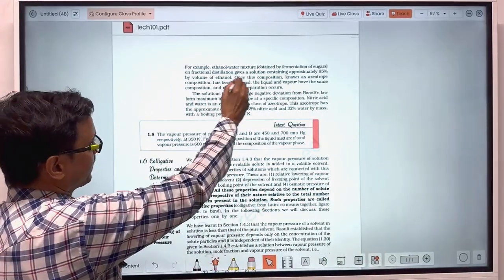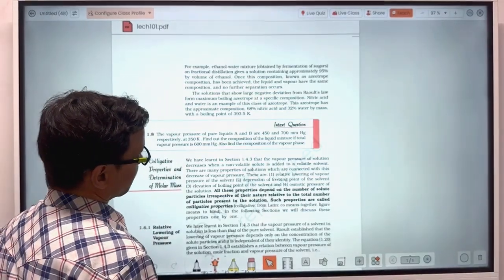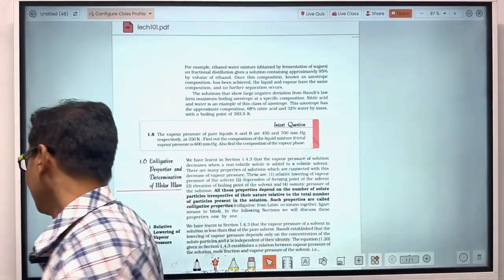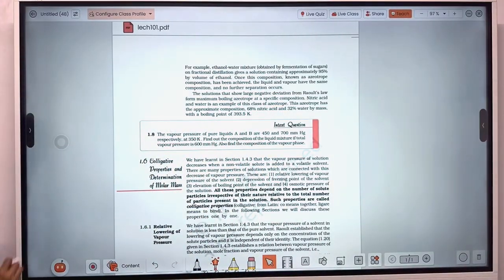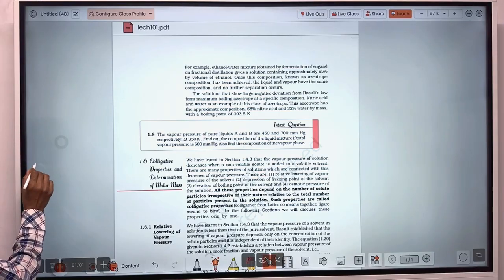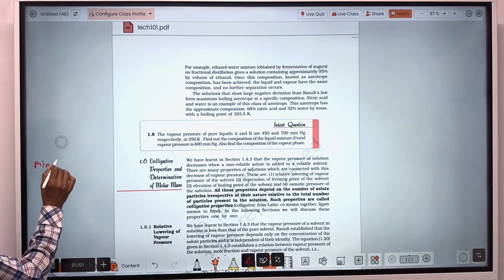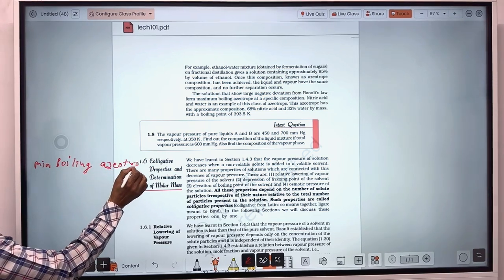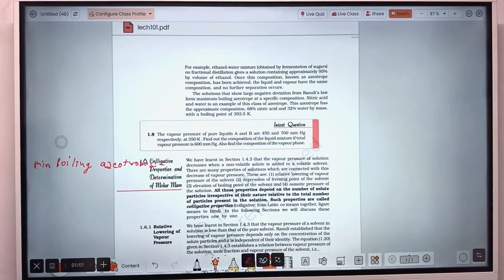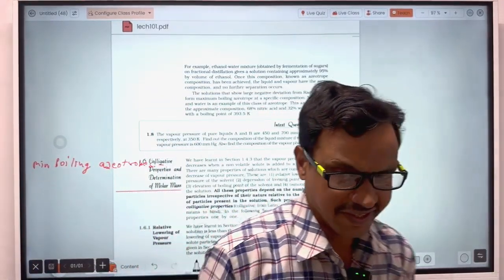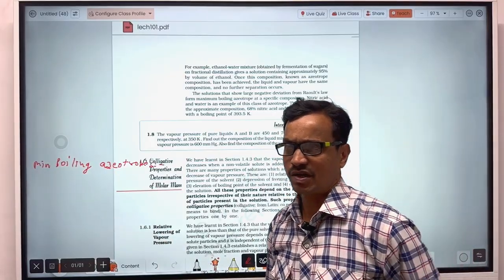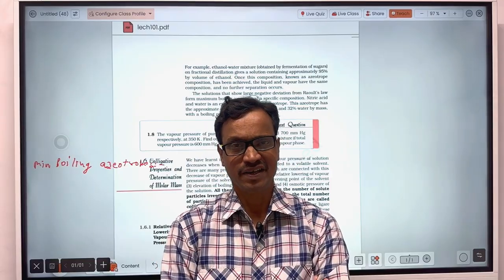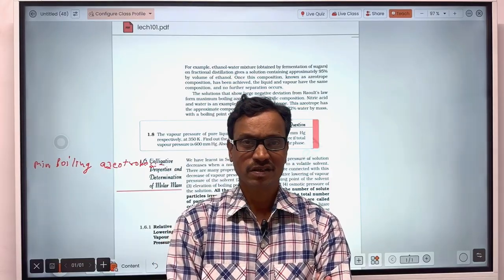So minimum boiling azeotropes are the azeotropes which show large positive deviation from Raoult's law, and hence the boiling point of the resulting solution becomes lower than that of both the liquids.